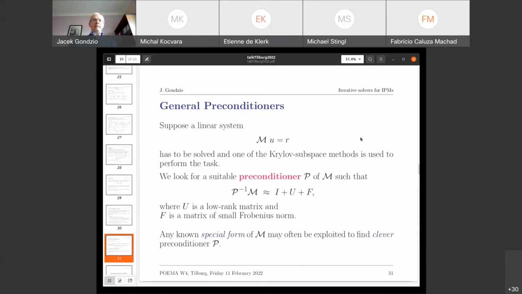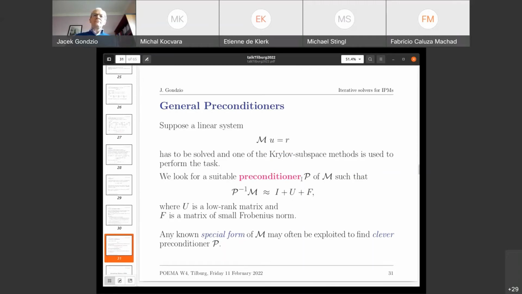But now I'd like to move to a more general perspective and talk about general preconditioners. What we normally ask from a general preconditioner is that we will have to solve a linear system which involves a certain matrix M, unknown U, and a right-hand side. So here is the equation system we'd like to solve.